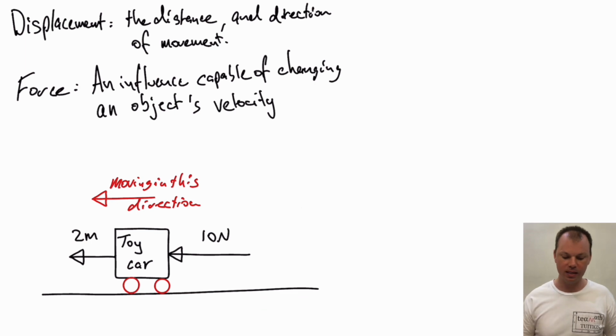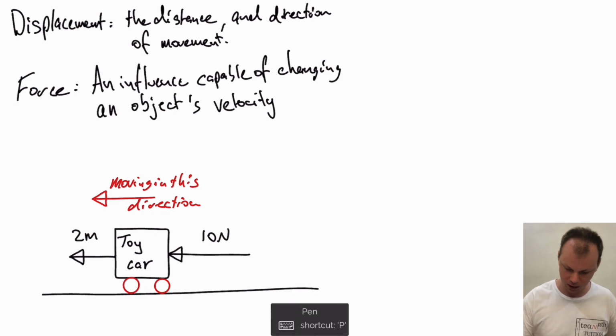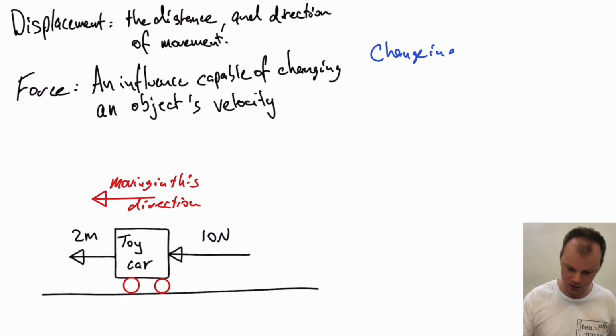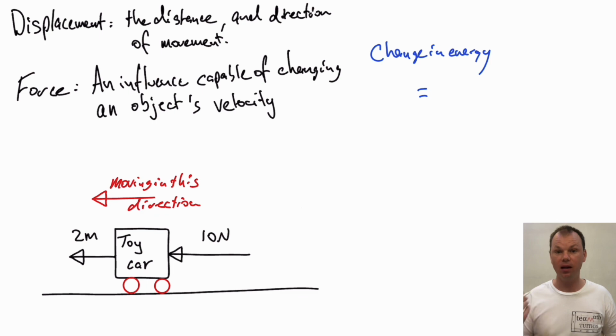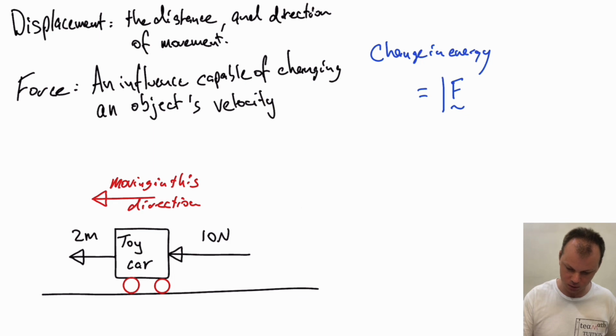So what we can see here is what matters about the change in energy of that car, and let me write that here: change in energy equals the magnitude of the force matters. So I'm going to call that force. It's a vector. It matters what direction we're applying it in.